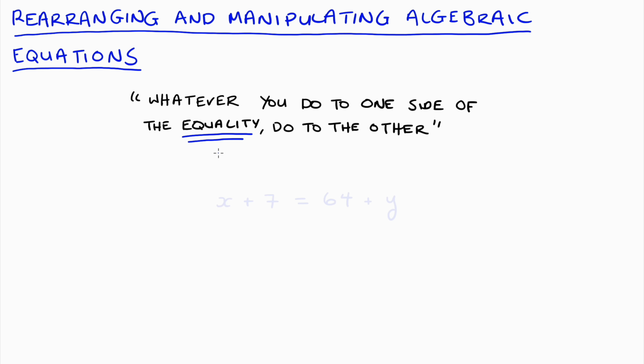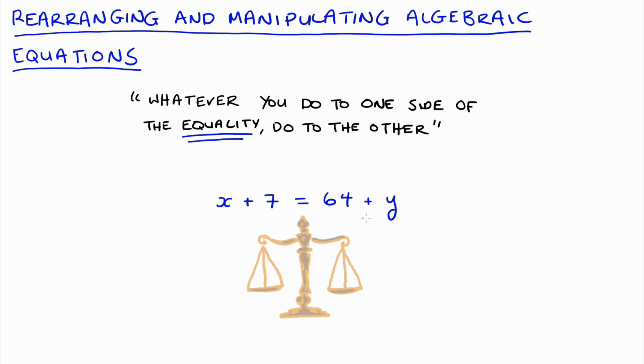For instance, let's consider the following equation: x plus 7 is equal to 64 plus y. The equality here means that the value of what is on the left-hand side is exactly the same as the value of what is on the right-hand side. To illustrate, we can think of some scales where we might be weighing goods.